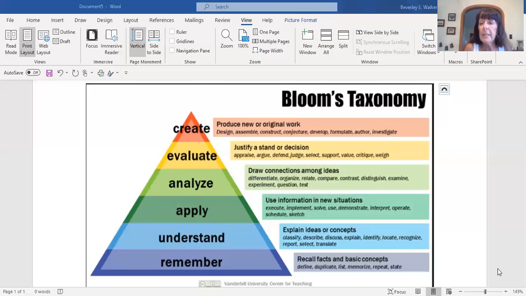So when we think about, say, a 15 to 20 minute presentation that we're going to do for a group of first graders, you're not going to have them creating something. First of all, based upon their stage of development, are first graders able to create something new? I don't know. Probably not a home escape plan. So you have to look at your objectives.